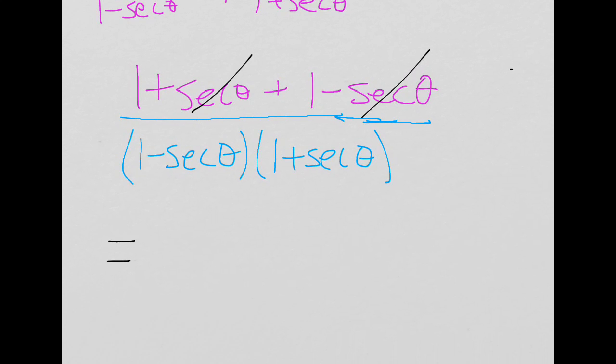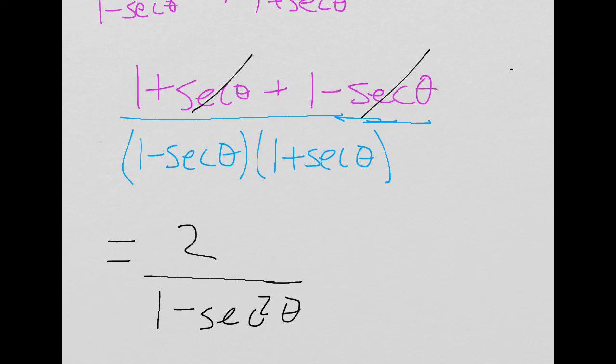That leaves me with 1 plus 1 on the top. I've got a 1 here and a 1 here, so I've got 2 on the top. Then when I write that out, I get 1 minus secant squared theta.